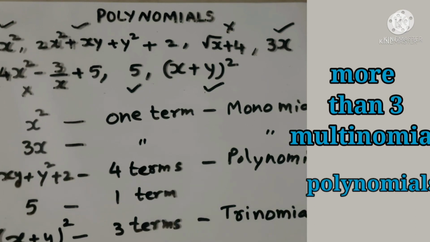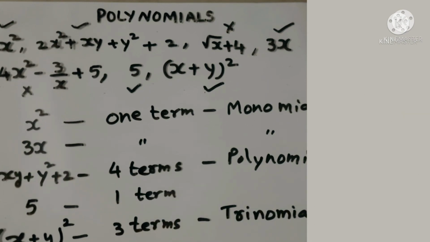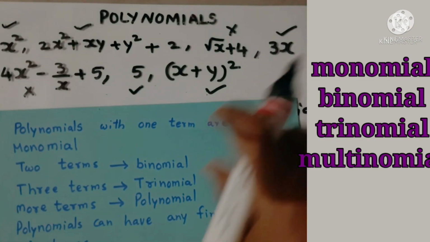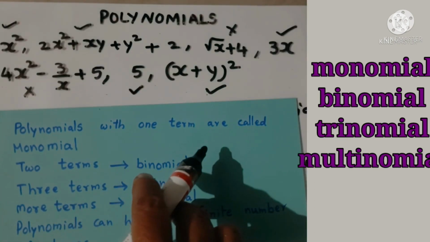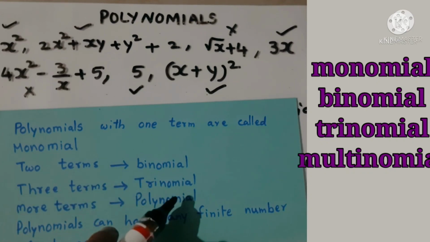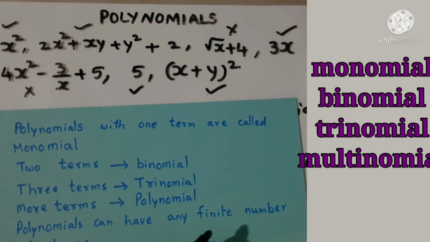So this expansion, this polynomial is having 3 terms, so this is called a trinomial. So polynomials with 1 term are called monomial, with the 2 terms binomial, with the 3 terms trinomial, and more terms we call it as polynomial.